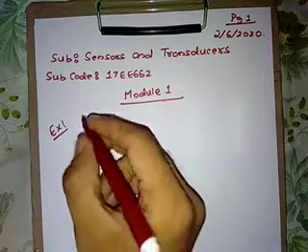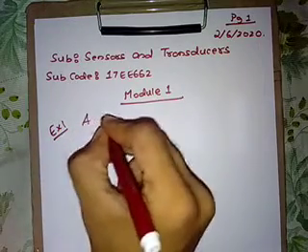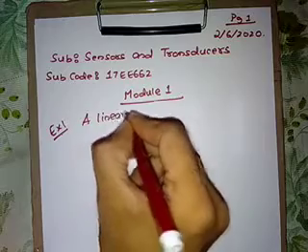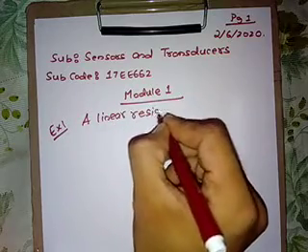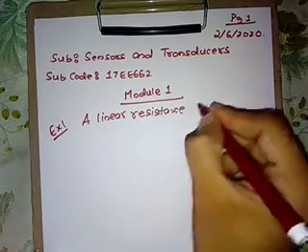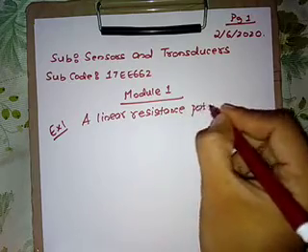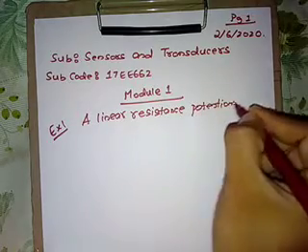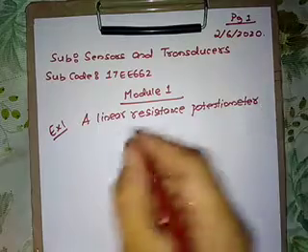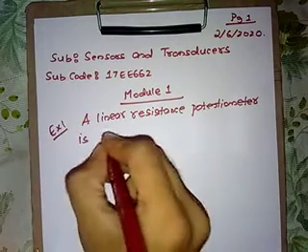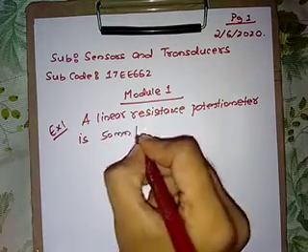Example 1. A linear resistance potentiometer is 50 millimeter long.